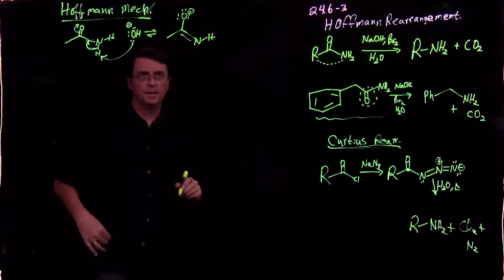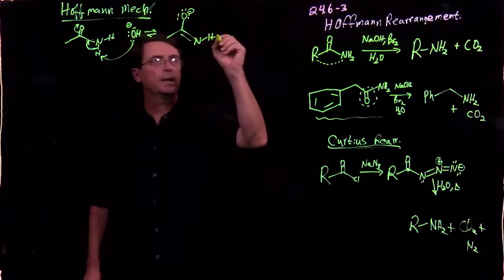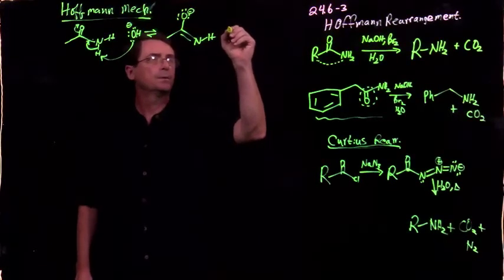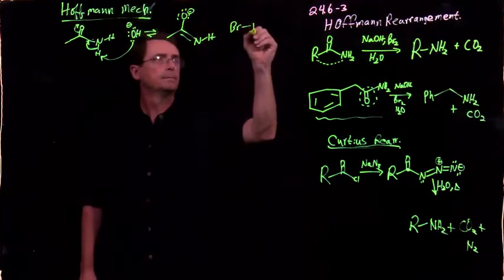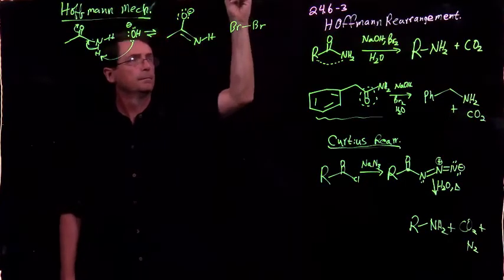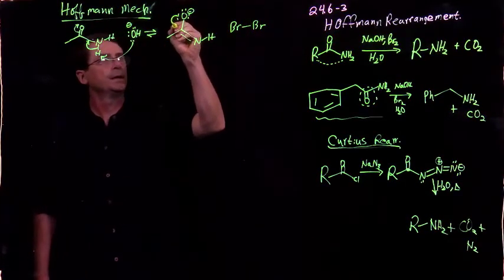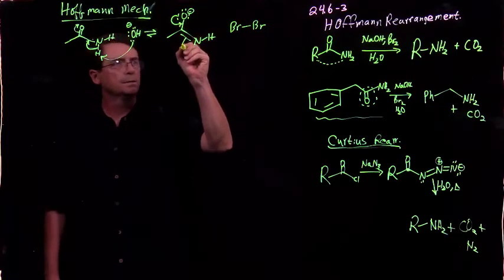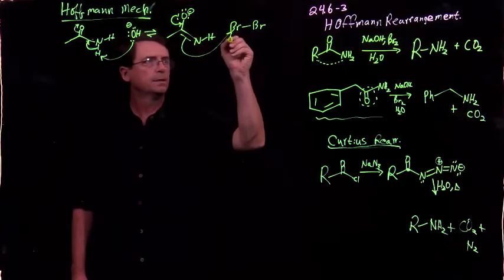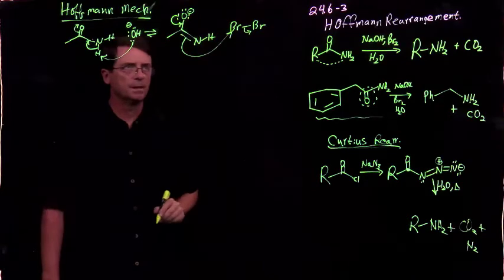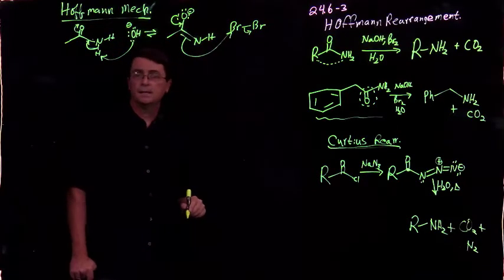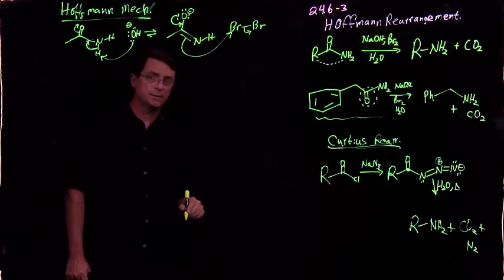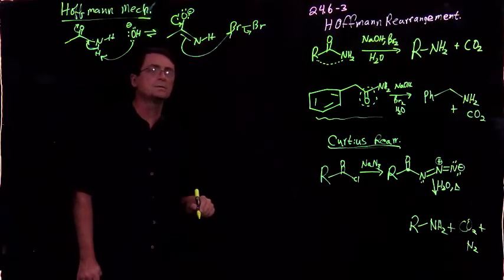Now, this reacts with Br2. I'm going to push the arrows coming back down from oxygen, swinging out from nitrogen to brominate the nitrogen. Now, we've seen this before in bromosuccinimide, for instance, that we used in radical reactions.